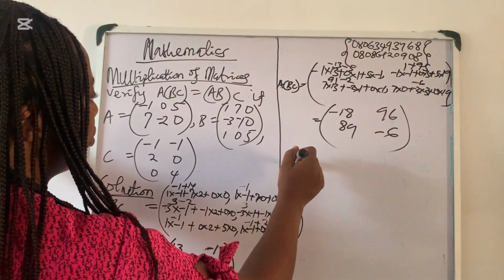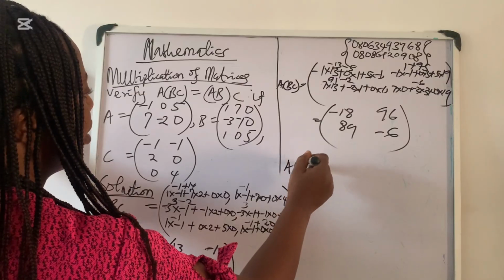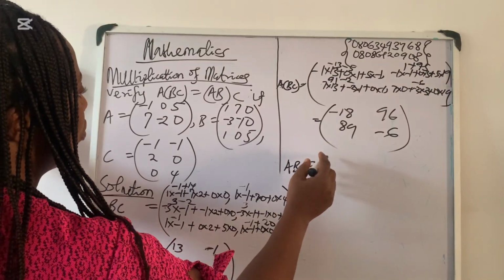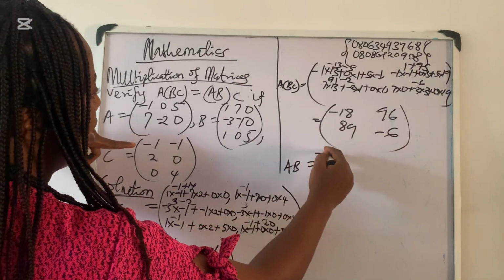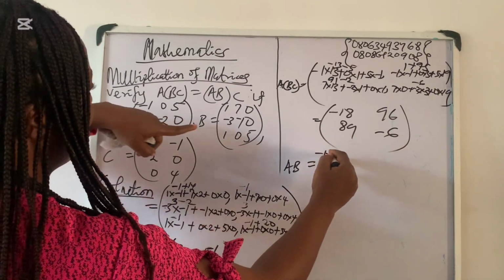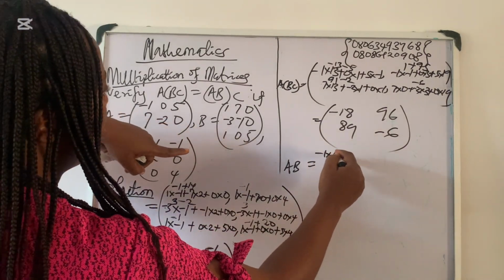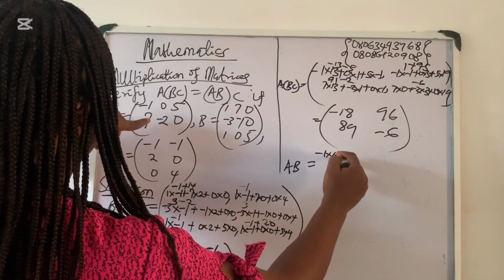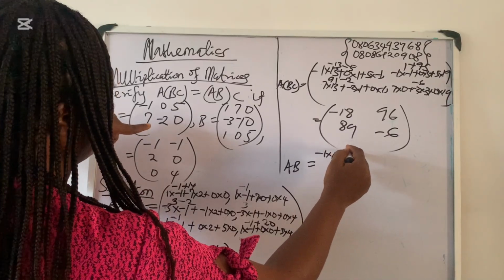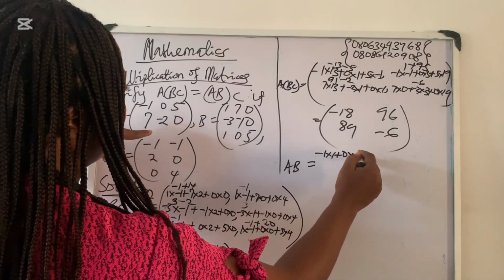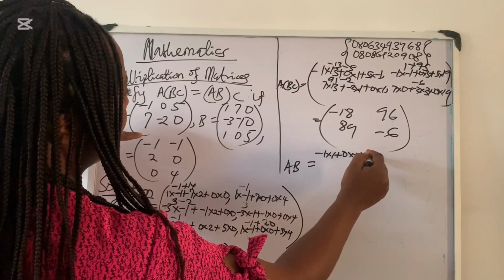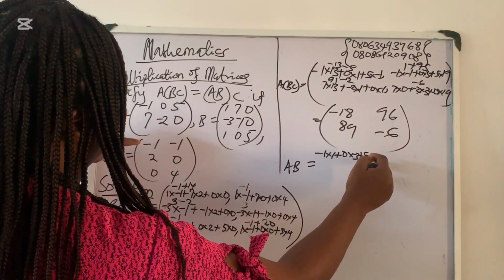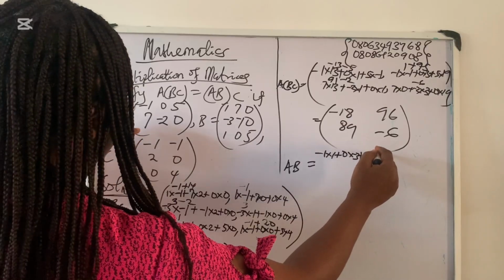Let's continue. AB equal to, this is A, this is B, minus 1 times 1 plus 0 times minus 3 plus 5 times 1. Go again.